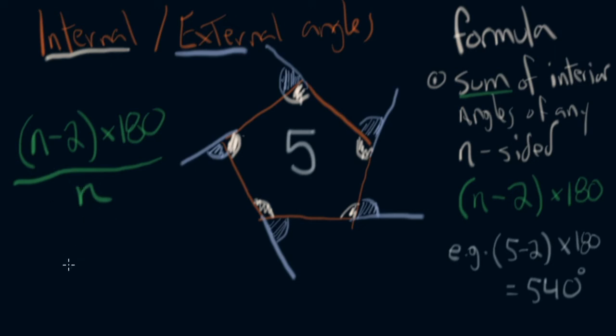So for us, I'm going to do that 540, divided by 5. So each of those angles is going to be 108 degrees. So that's the inside angles: how much they are in total, and also how much they each are individually.